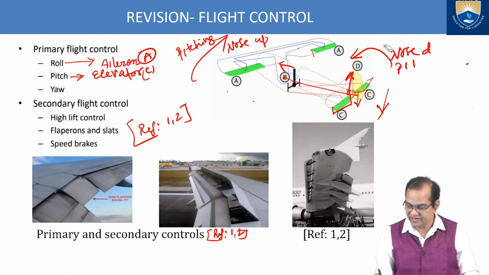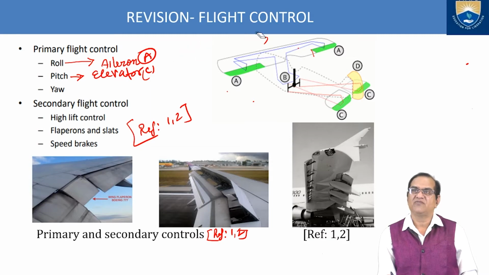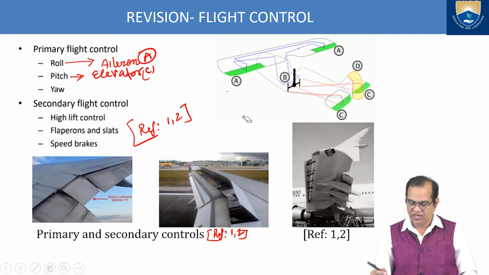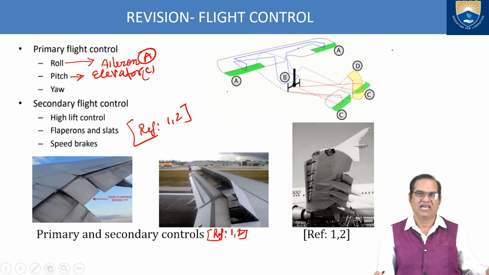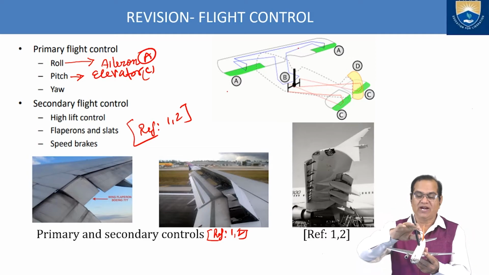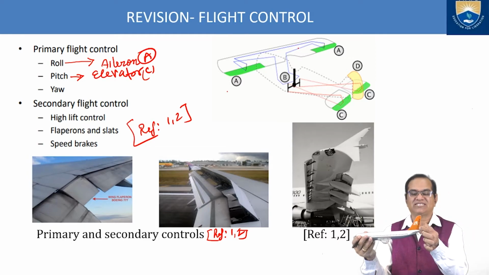Next is yawing. Yawing is the motion with respect to the vertical axis. So here, if I want to make the nose left or right, what do I have to do? There is another important control that is called the rudder.